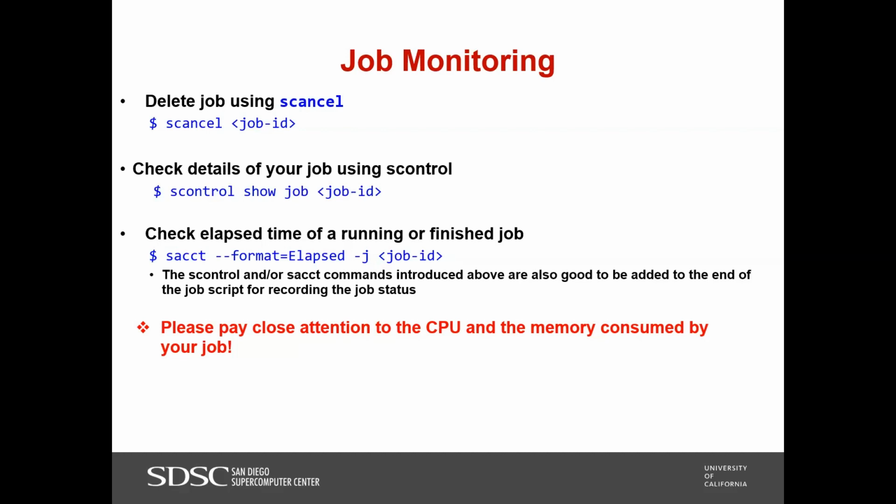Those two commands are very useful, and you can even add them at the end of your job scripts. So once your job is finished, the output of those two commands will be saved in your standard output file. So you get more information about your job.